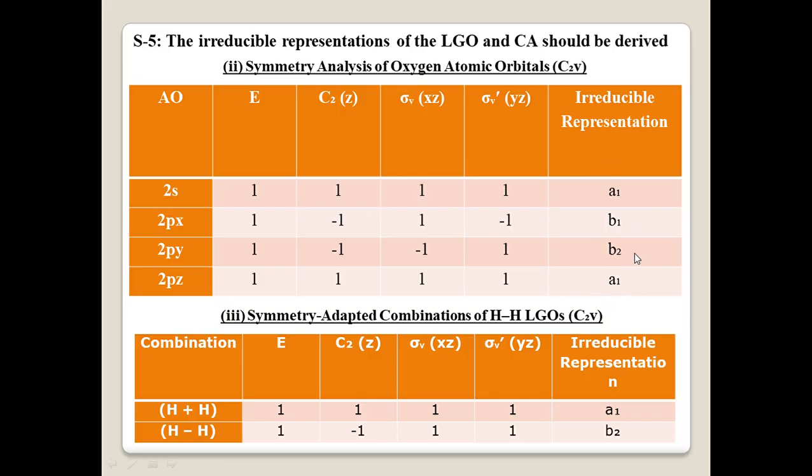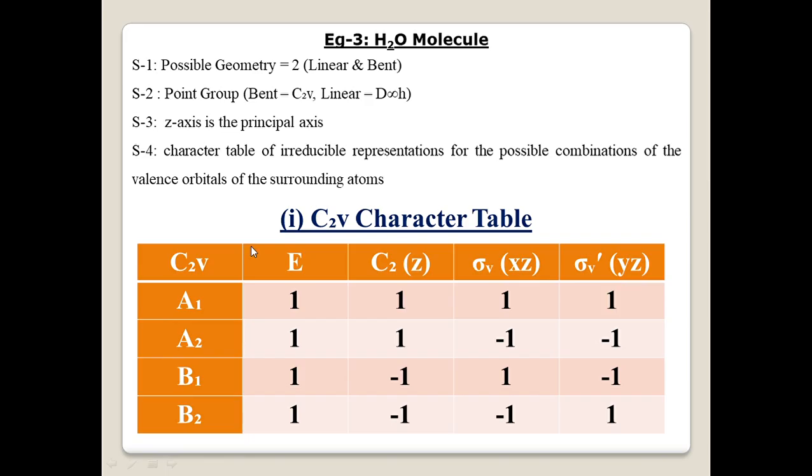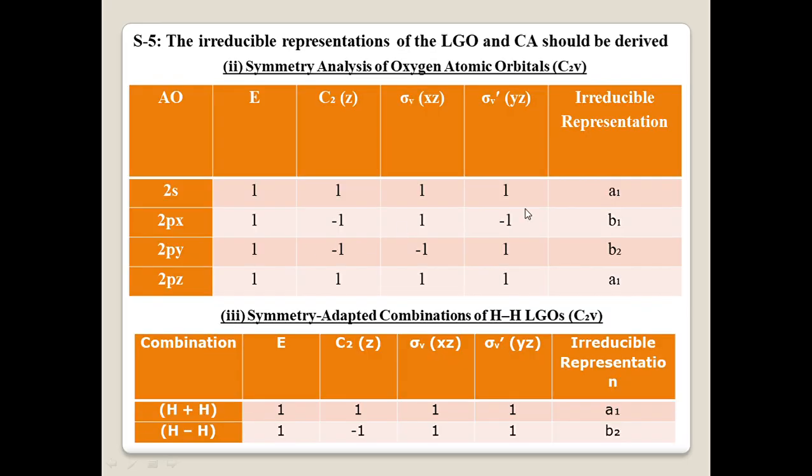Just keep this in mind: for 2s the irreducible representation will be A1, for 2px it will be B1, for 2py it will be B2, and for 2pz it will be A1. Accordingly you write it here. Similarly for hydrogen, it will be A1 and B2. I think it will be easy to memorize.